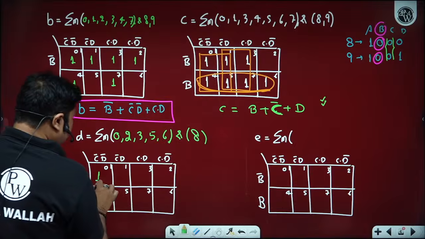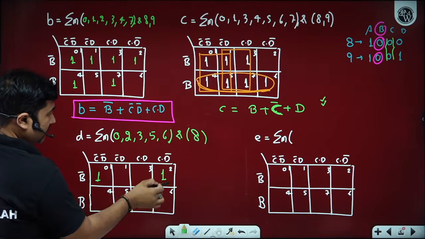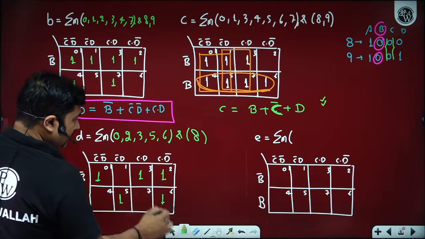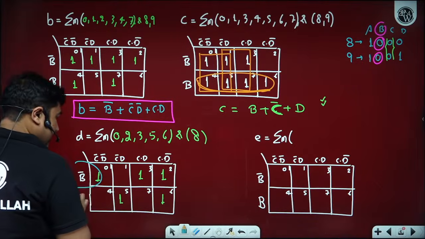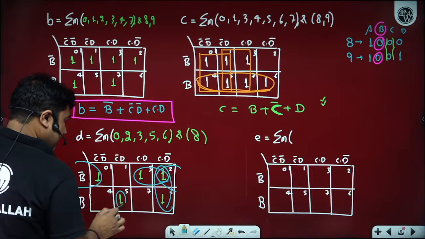So here we are getting 0. Here we are getting 1 on the binary of 0, binary of 2, binary of 3, binary of 5, binary of 6. So we have a logical expression possible as this pair, this pair, this pair and this alone.